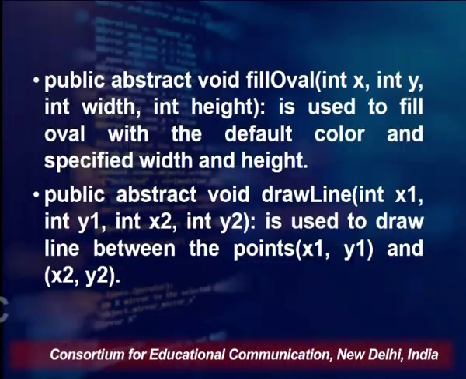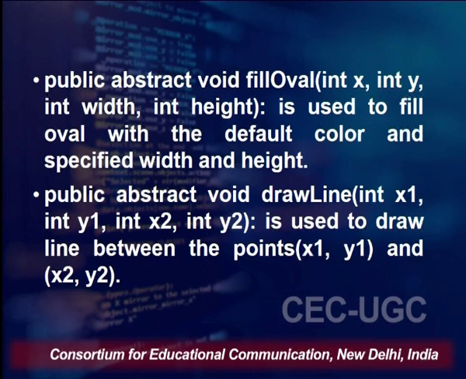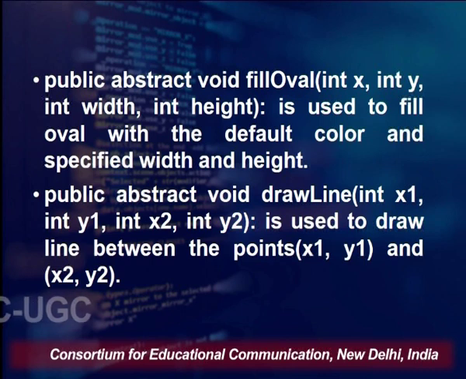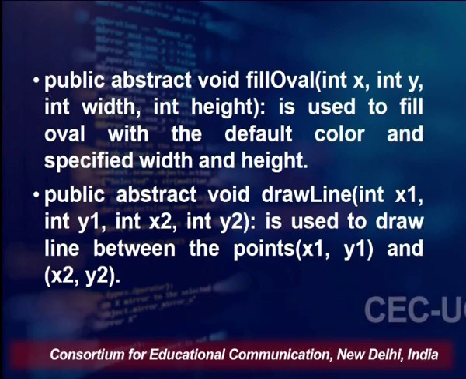Corresponding to fillRect, we have fillOval as well. So, public abstract void fillOval, with the similar 4 parameters, integer x, integer y, width and height, and this is used to fill an oval with the default color and specified width and height.